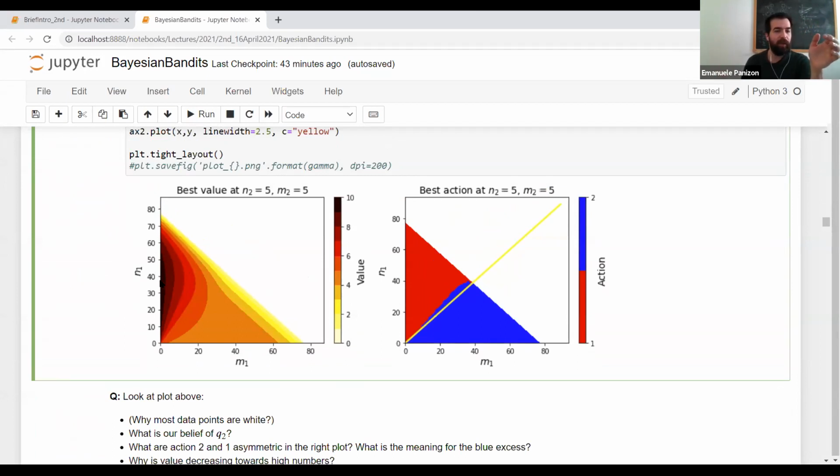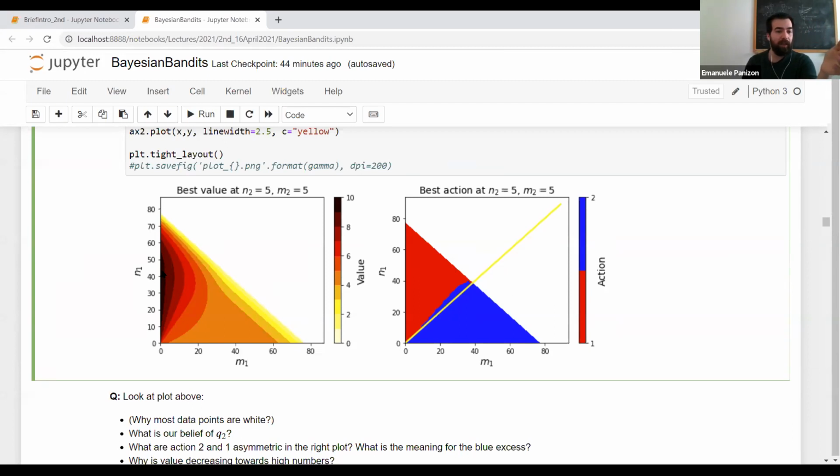Here, where N1 is extremely superior to M1, I have a very strong value, which means I am very confident that this is a very biased arm towards 1. I will choose arm 1 because I see that it's much better, and the value which accumulates is very high.